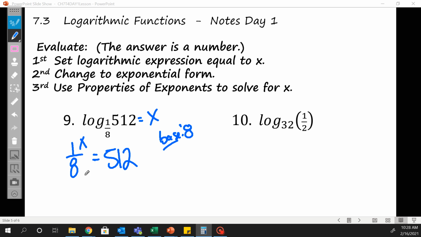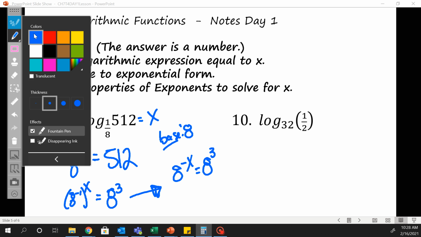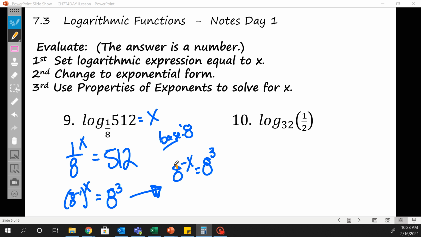So 1 over 8, that's 8 to the negative first power. And 512, that's 8 to the third power. So I have to multiply negative 1 and x, so that's 8 to the negative x equals 8 to the third. Now the bases are the same, they're both 8.